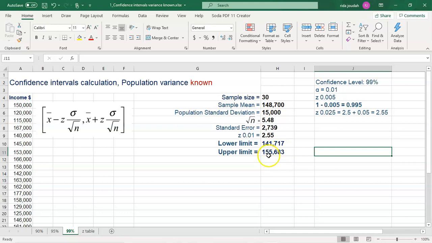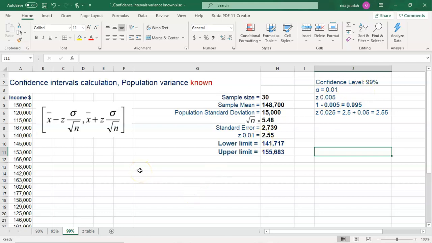So you see here our confidence interval is longer because we want to be more sure about our conclusion. There is a trade-off. We got a longer interval to be sure that we are 99% from our conclusion.